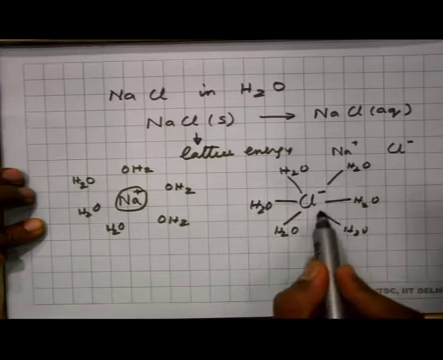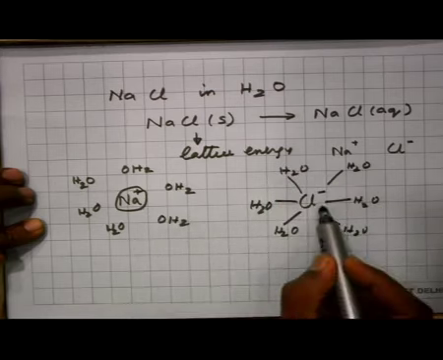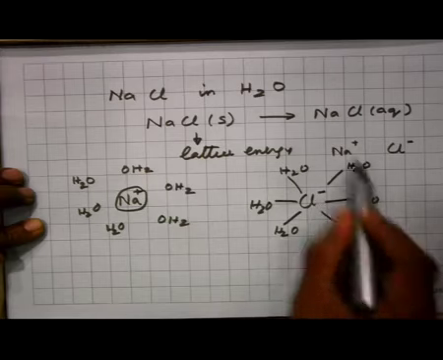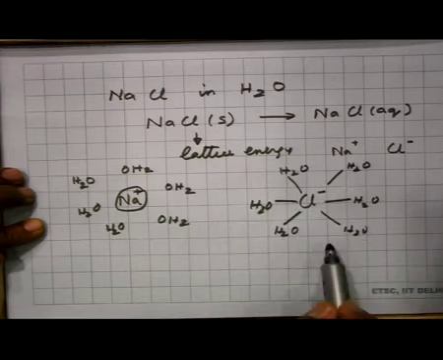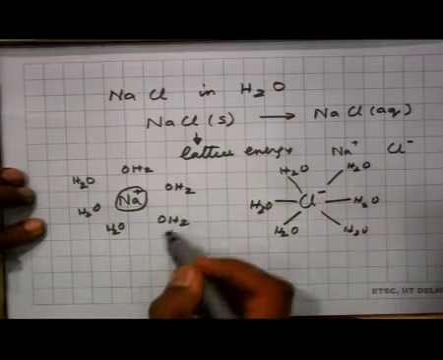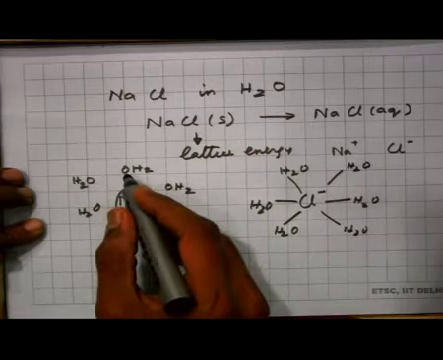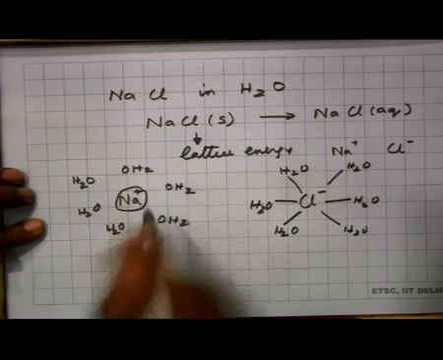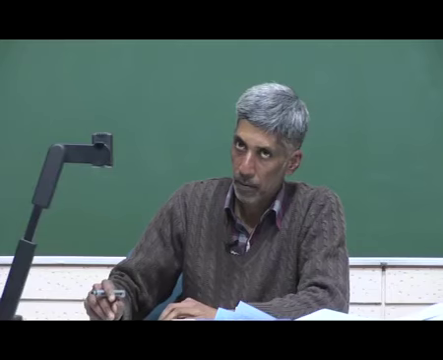So, both around sodium as well as chloride, you have this surrounded by a ring of water, and then you will have more and more layers of water. I have just drawn the nearest neighbor, the neighboring water molecules, right.